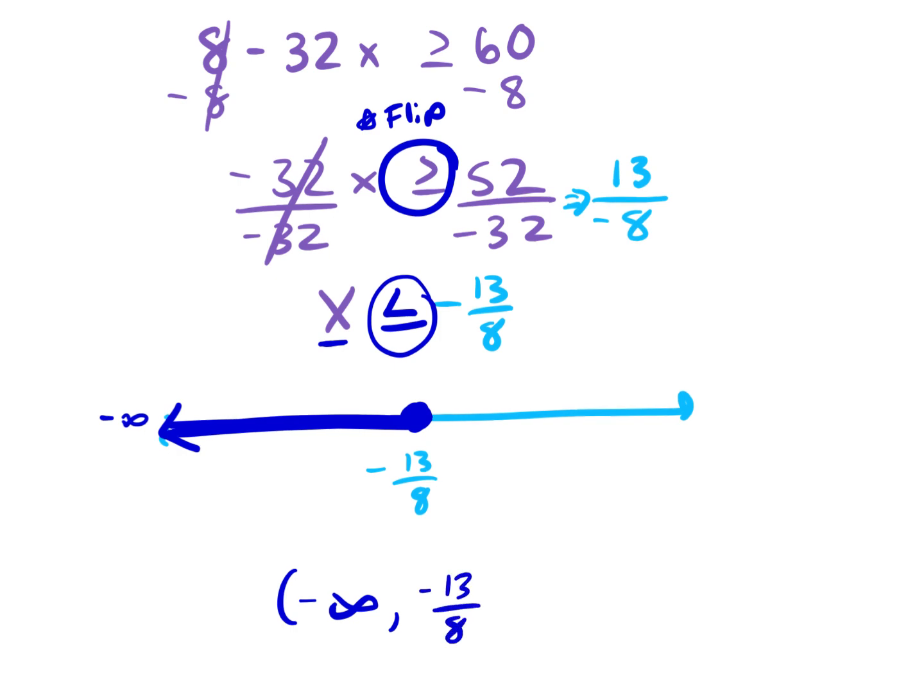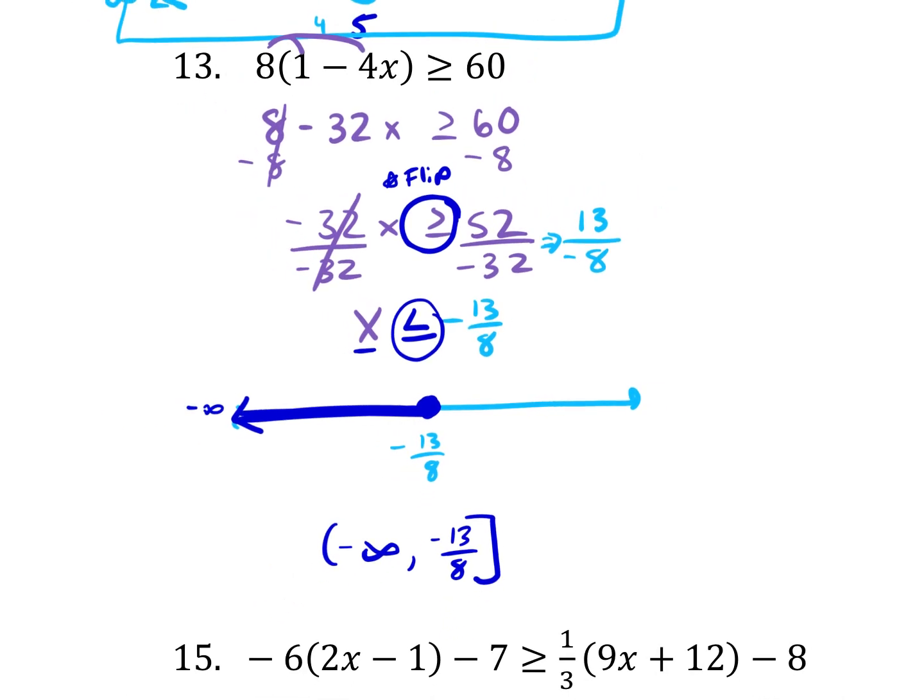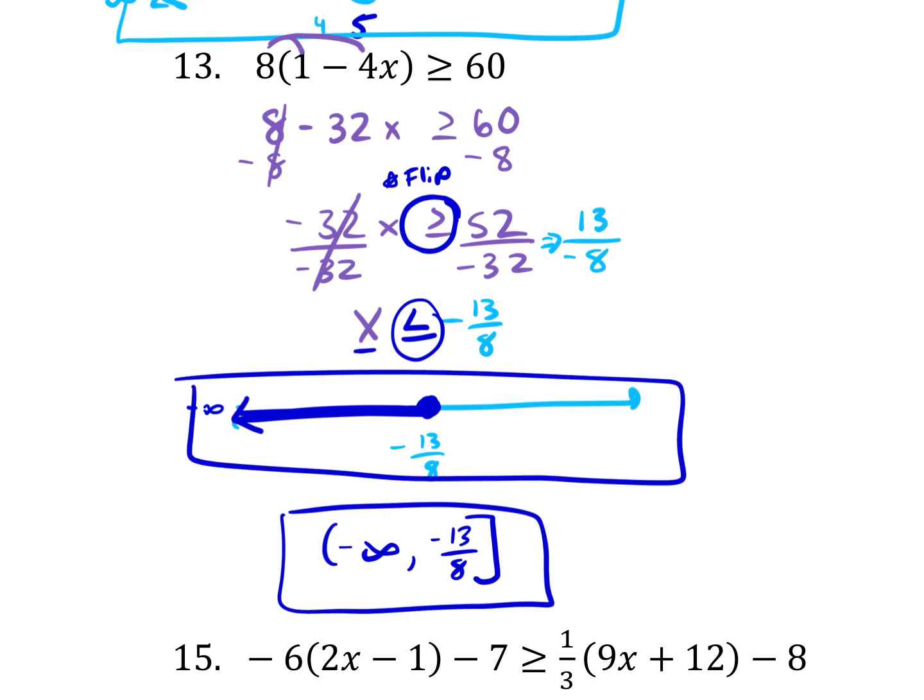Does that get a parenthesis or brackets? Bracket. Because it's a closed circle, we put a bracket at our number. Infinities always get parentheses. So this would be part of our answer, and this would be part of our answer.